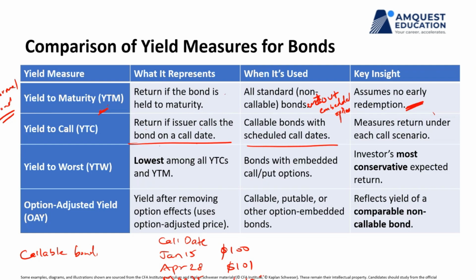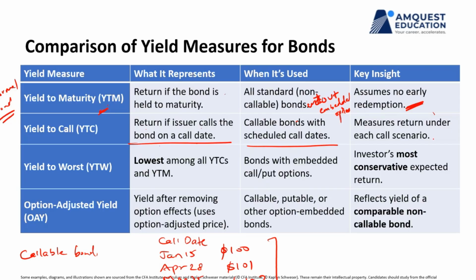And on the third date, I am going to give you $103. It's up to me when I want to call my bond. So this is a call schedule, a callable bond with scheduled call dates, and you are also given the price at which the bond will be called back. So both pieces of information are available to the investor.